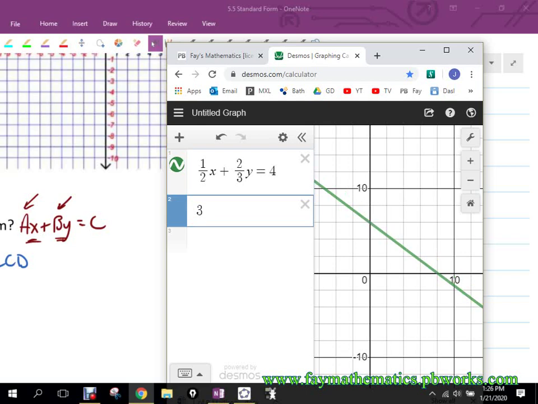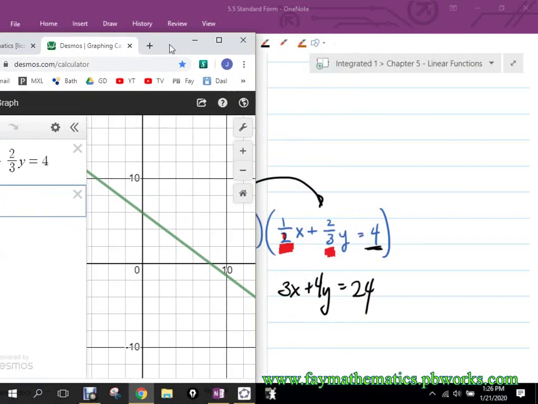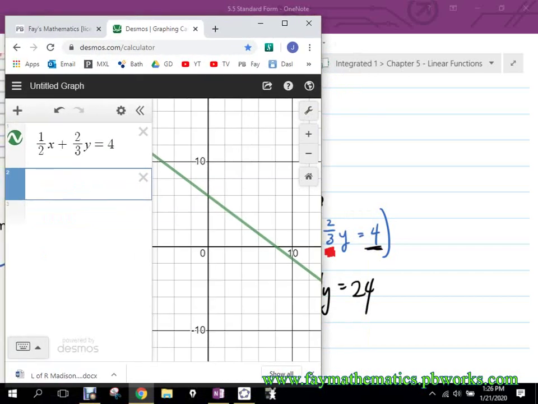If I type in, sorry, what was it? Was it 3x? Yeah, 3x plus 4y equals 24. Does it give me the same exact line? Does that make sense? Okay. Two different versions of the same thing. Is that something we can do?